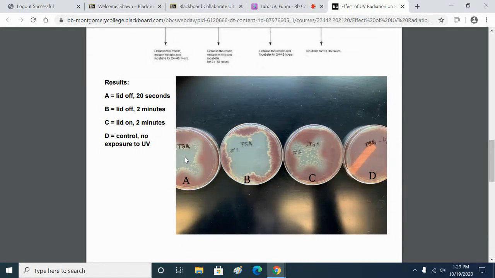So what happened to those cells? So tell me, what happened to the colonies in the kill zone on plate C?